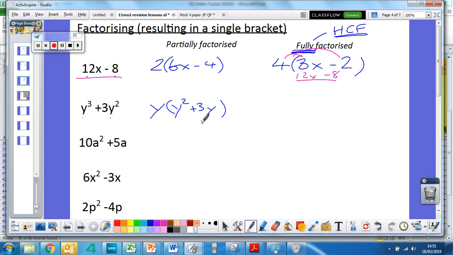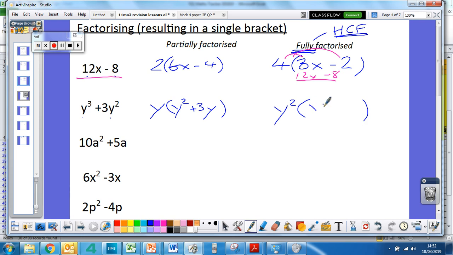The reason it needs to be fully factorised is not just the number that you look for, the highest common factor, but you also look for the highest power that appears in both. So the highest power that appears in both of these is actually y to the power 2. If you pull out as a factor y to the power 2, then when you look at your brackets, y to the power 2 times something gives me y to the power 3.